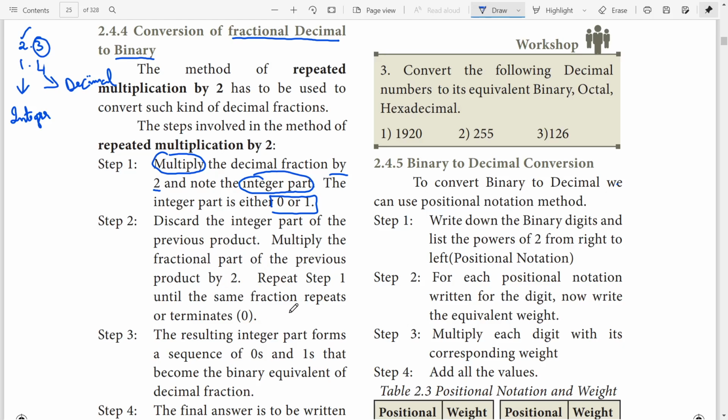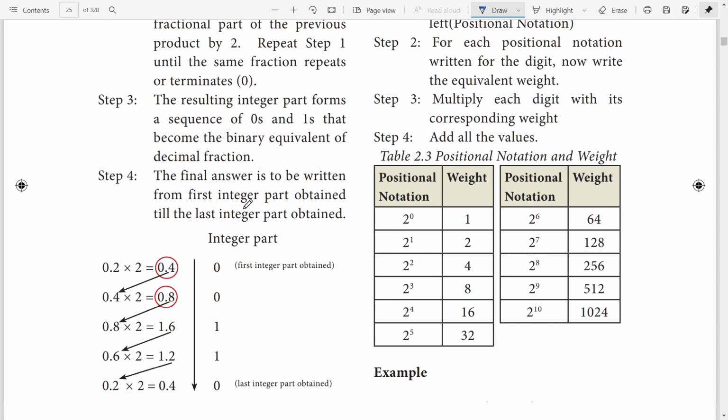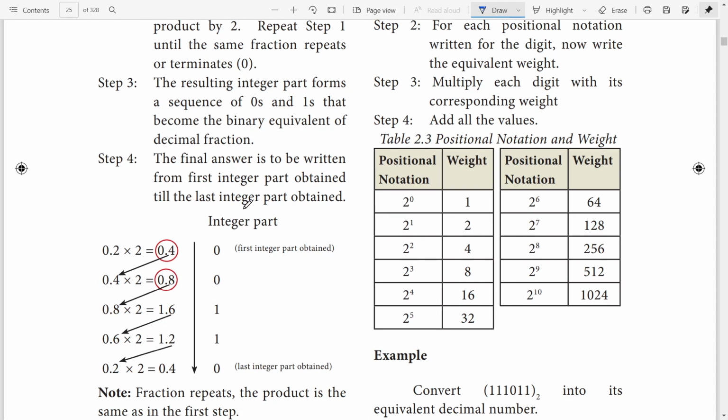Repeat step 1 until the fraction terminates. The resulting integer parts form a sequence of zeros and ones that become the binary equivalent of the decimal fraction. The final answer is to be written from the first integer part obtained, that is from above to below.